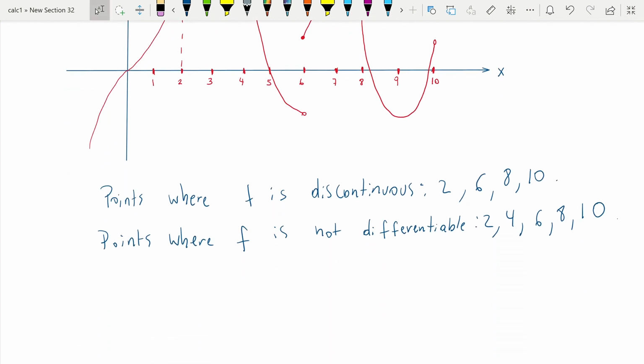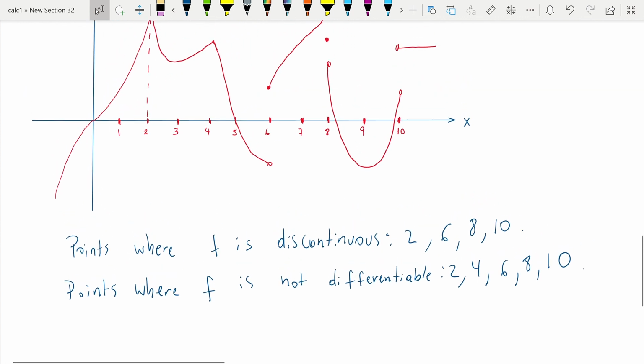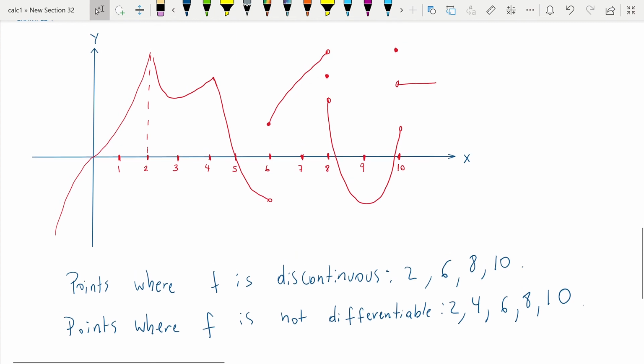Remember, the points where f is not differentiable will include the points where f is not continuous. But you will have in addition points where you see a corner or a sharp turn in the graph of f. In this case, there was only one point, which is x equals 4.